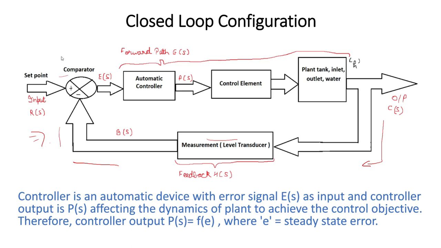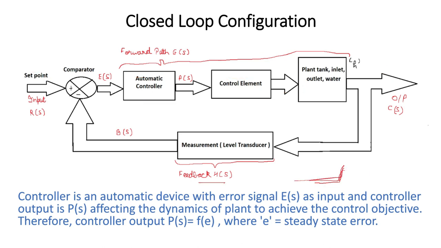Then accordingly it gives output, and then the automatic controller processes the output of the comparator and gives the required control action, which is now being executed by this control element. And now this control element is adjusting the height of water in the plant tank through inlet, outlet, or whatever it can do to control the height, and thus you get the output again.